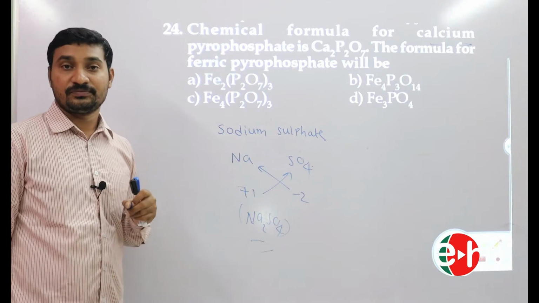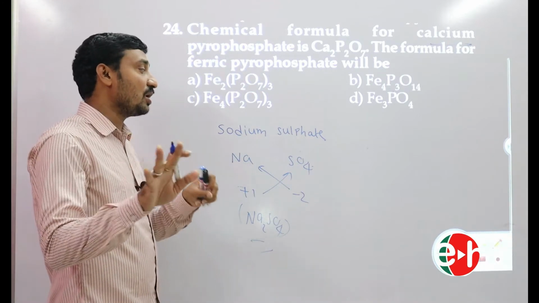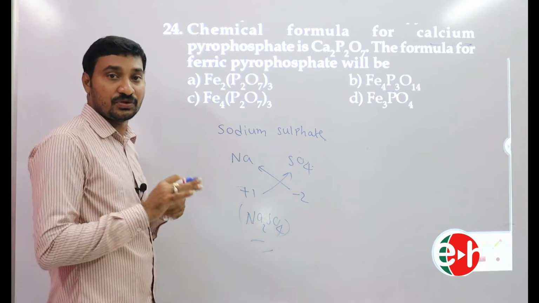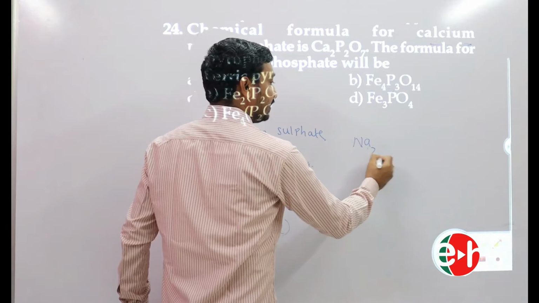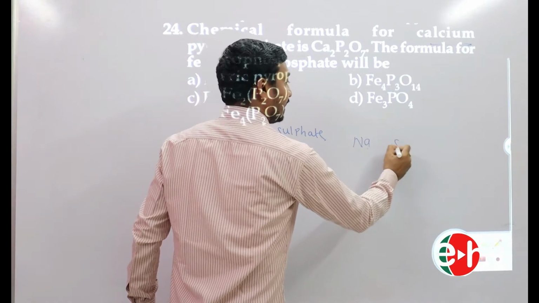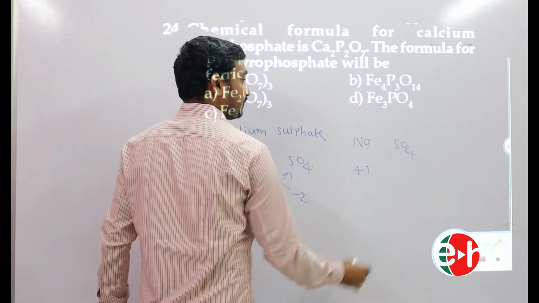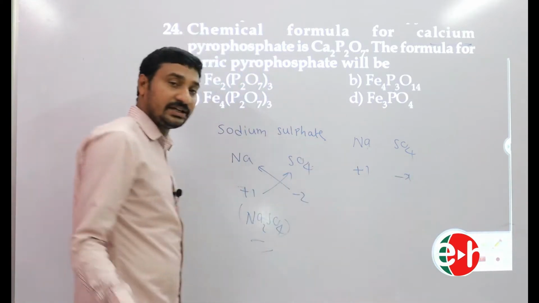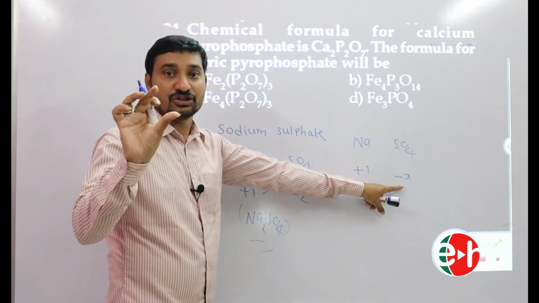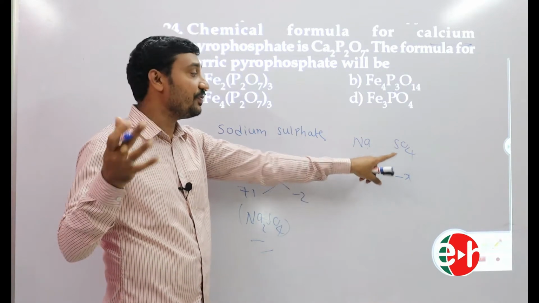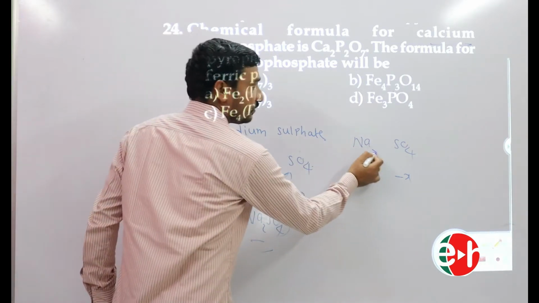Suppose we don't know the charge on sulfate. Na and SO4. Sodium is +1. Sulfate we don't know, so let's assume the charge on sulfate is X. If we don't know the sulfate charge X, then what?